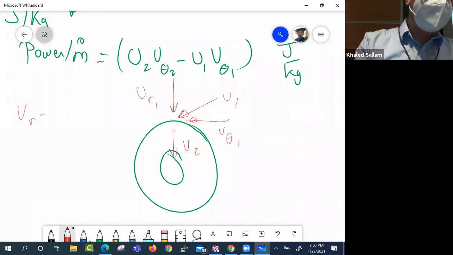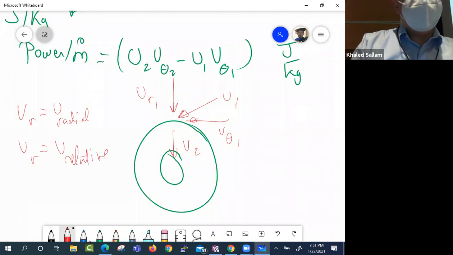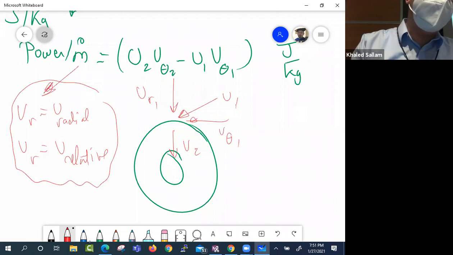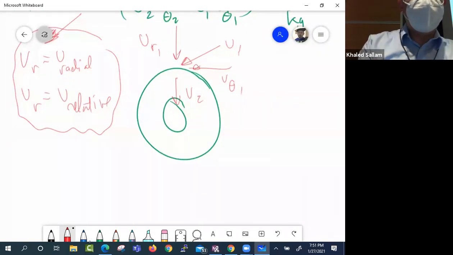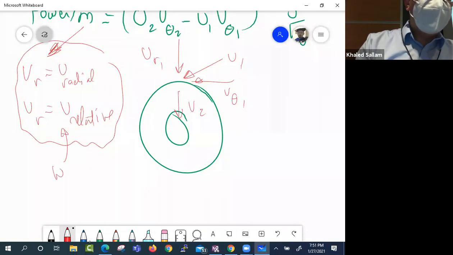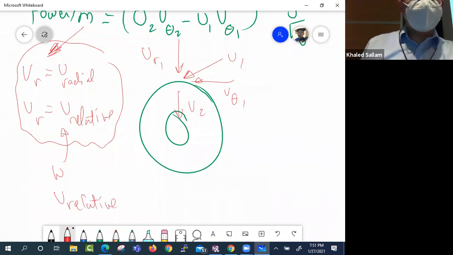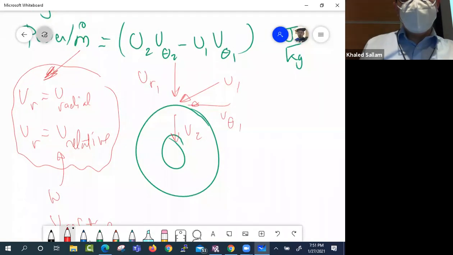By VR, I mean V radial. This is confusing because in our book, VR sometimes means V relative. So that is a source of confusion. Most books, however, use VR as V radial, and for relative velocity, they use W. Or, if we just want to be super clear, we can just write V relative. We will see in the examples how we can calculate V relative, because we will need it.